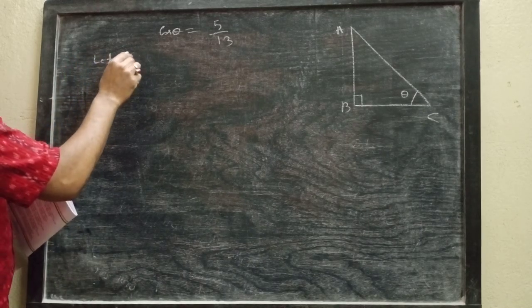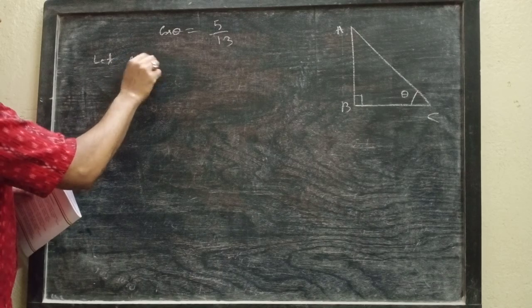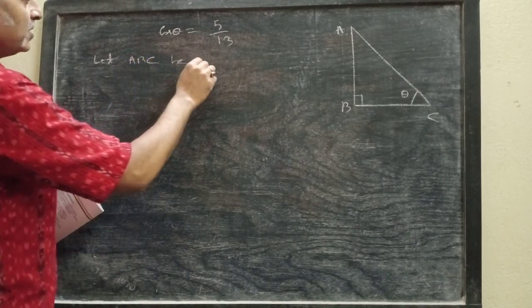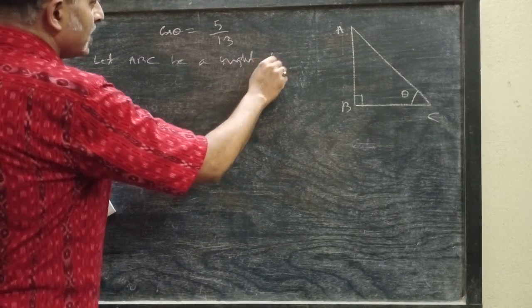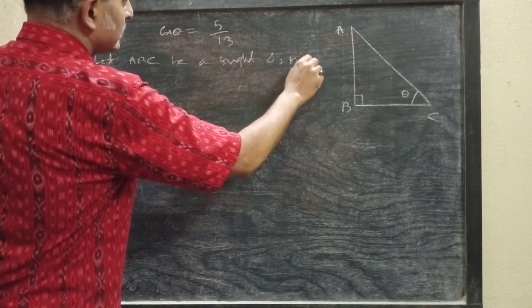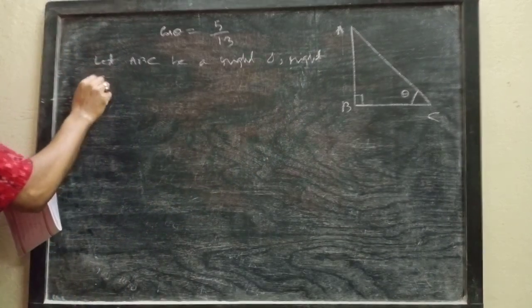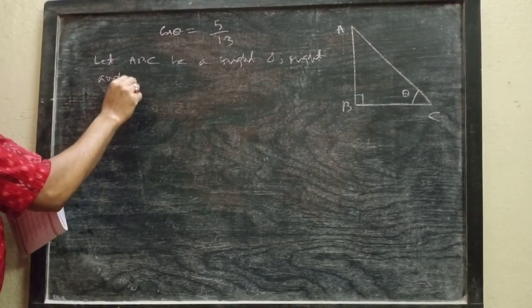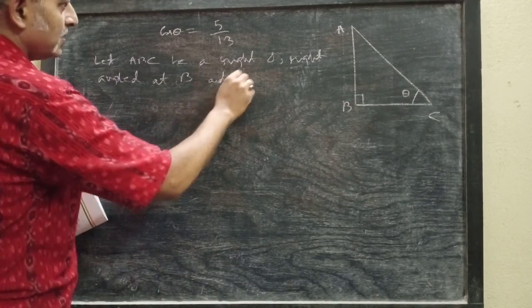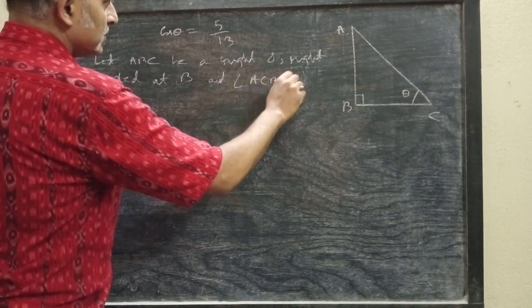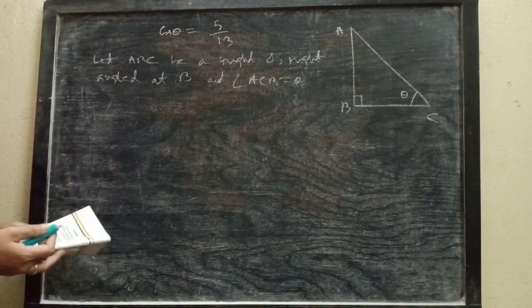Let ABC be a right angle at B, and angle ACB is theta.